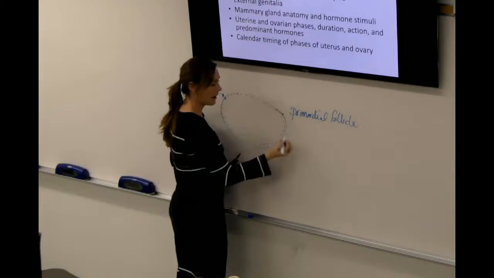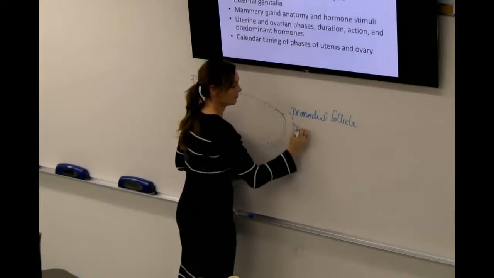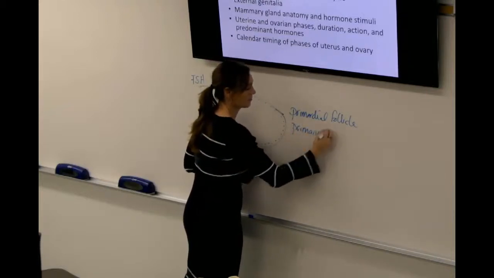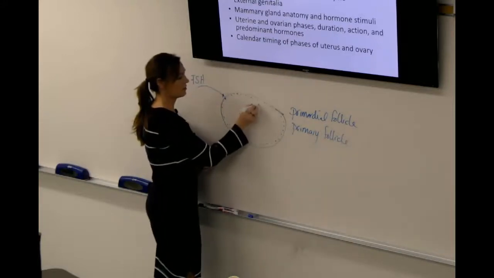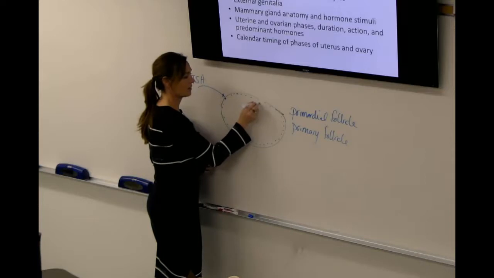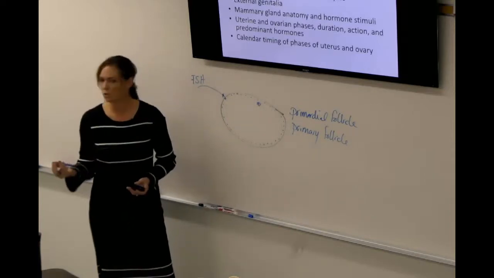To become a primary follicle. And the primary follicles will be the same little egg, but they're going to have cells around the outside, cuboidal cells.